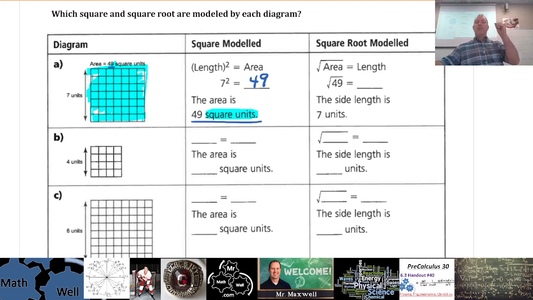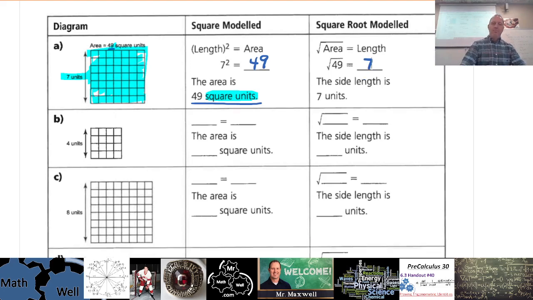So if this was centimeters, it would be 49 centimeters squared. We'll talk more about that as we move through. All right, so the square root is modeled by the root of the area is the length. So root 49 is 7. The side length is 7 units long.